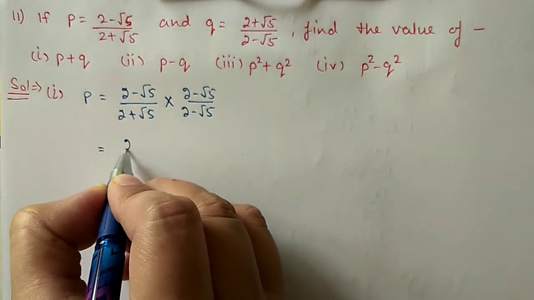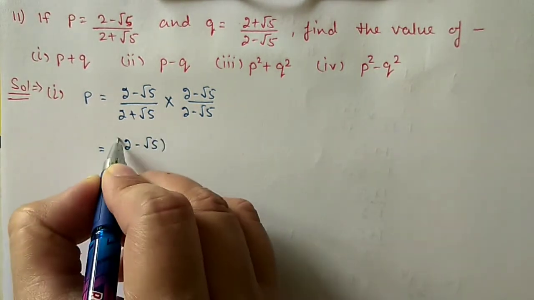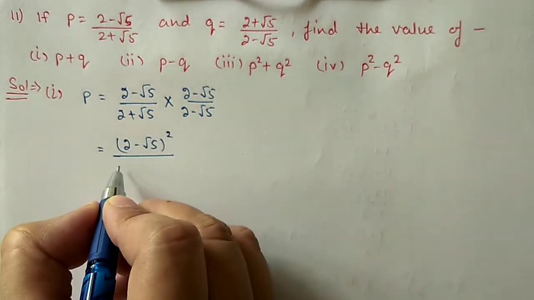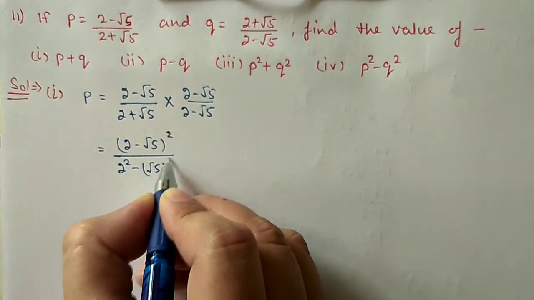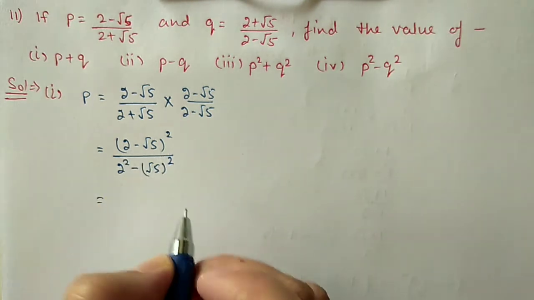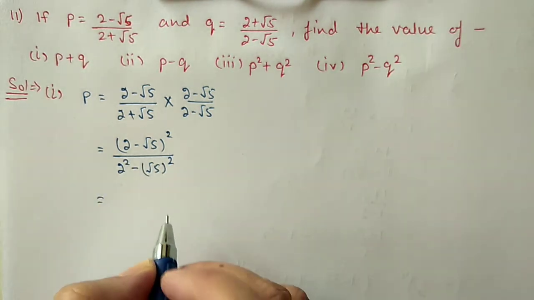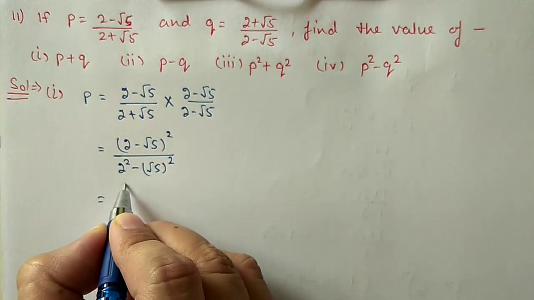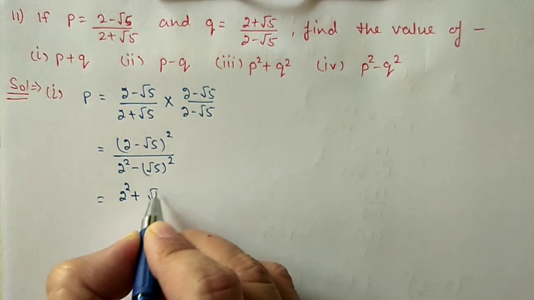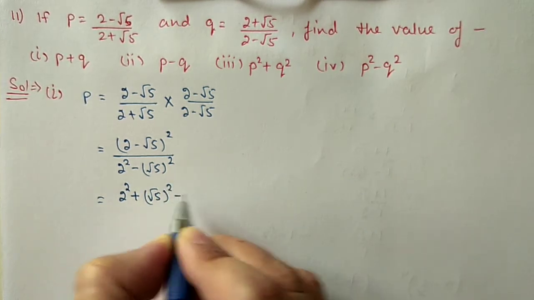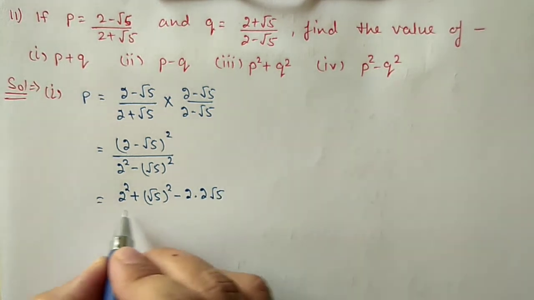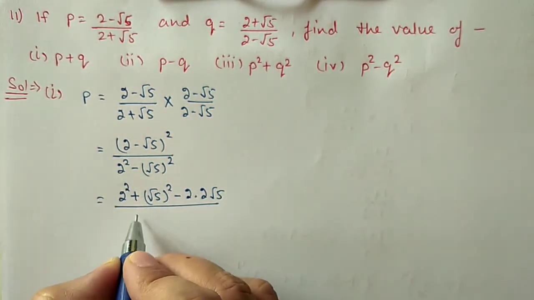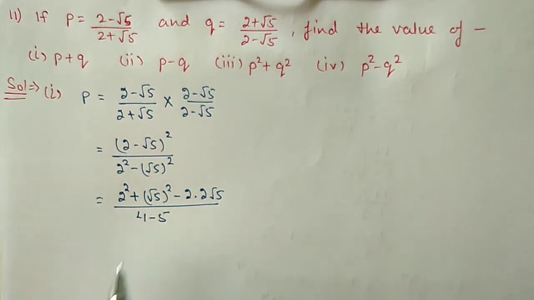Then the numerator will become 2 minus root 5 whole square, and the denominator will become 2 square minus root 5 whole square. This we can expand with the help of the a minus b whole square formula: a square plus b square minus 2ab, and in the denominator here we will get 4 minus 5.